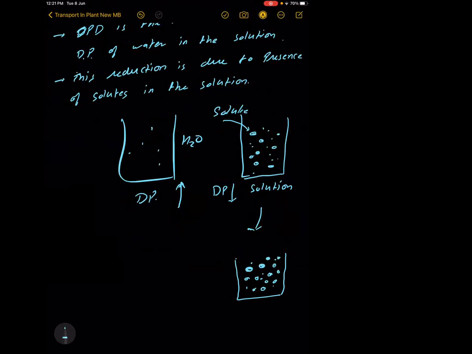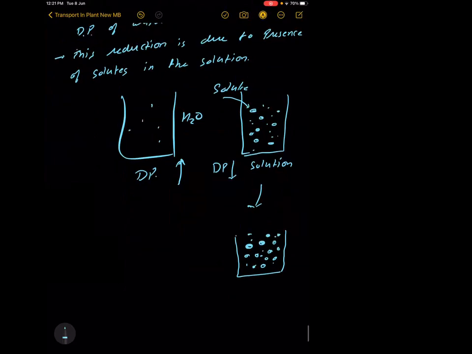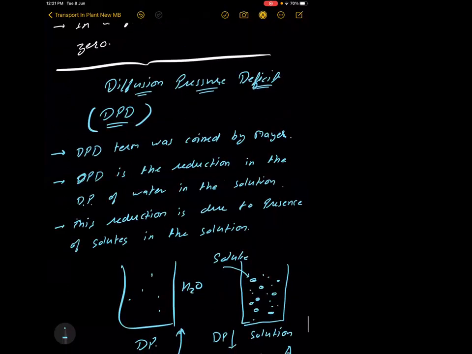In which case does more reduction in DP occur? B, sir, because obviously more solutes are mixed, so the reduction in DP is more in solution B. That is called DPD, diffusion pressure deficit. This is the starting of diffusion pressure deficit.